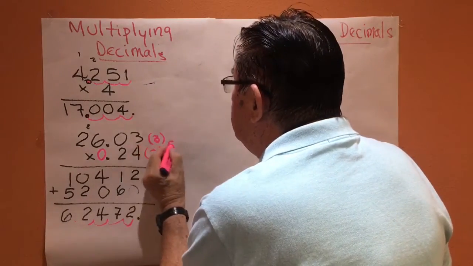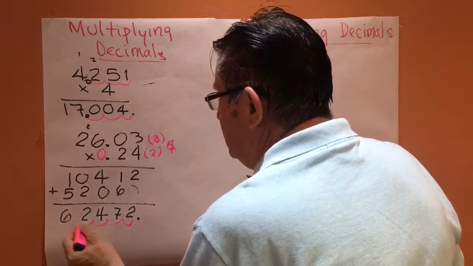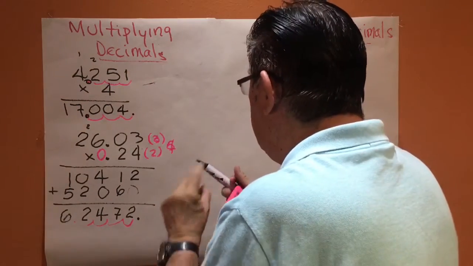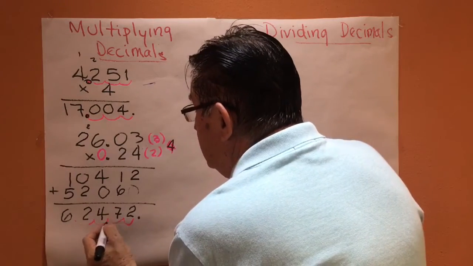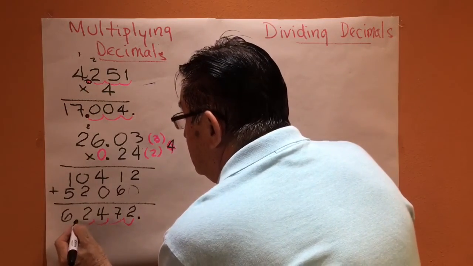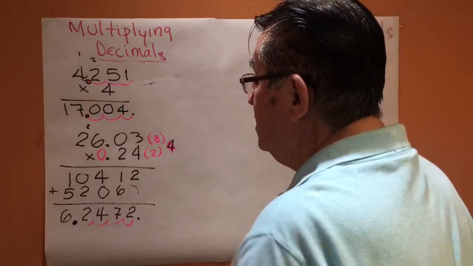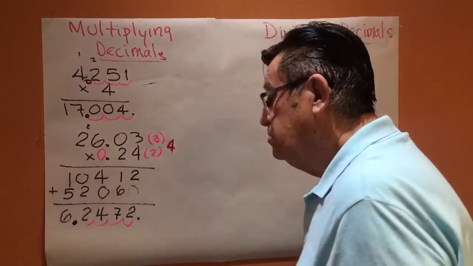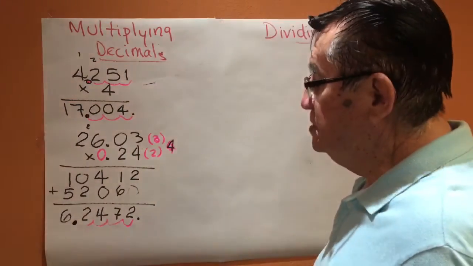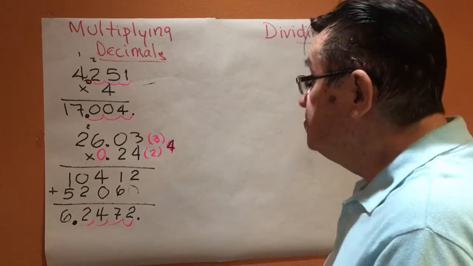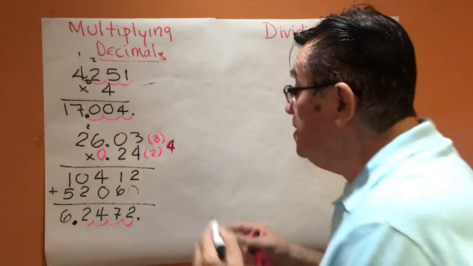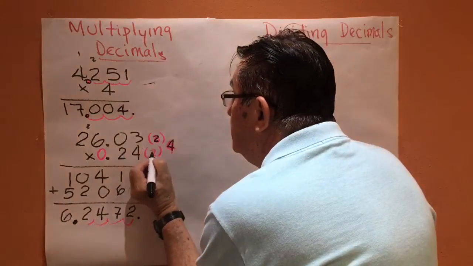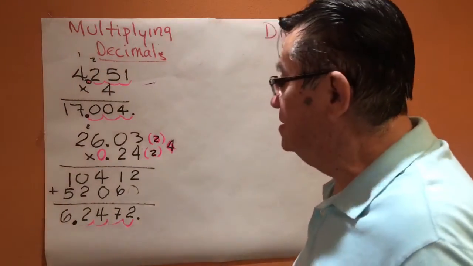We only have to move 4. Sorry, that's a mistake. So, we only have 4 places to move, 4 decimal places. 1, 2, 3, and 4. So, my final answer is going to be 472. All right, that's the way we complete the decimal numbers. Remember, this is only 2, and 2 makes 4 decimal places.